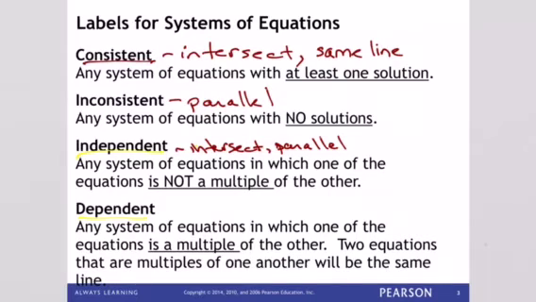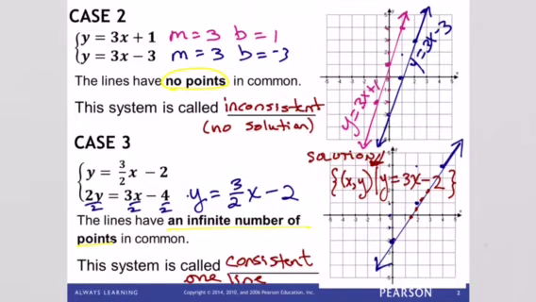But in a dependent system, you might notice if you go back and look at the slide, this would be slide number 8. Notice that in case 3, right here, the two equations are multiples of one another.